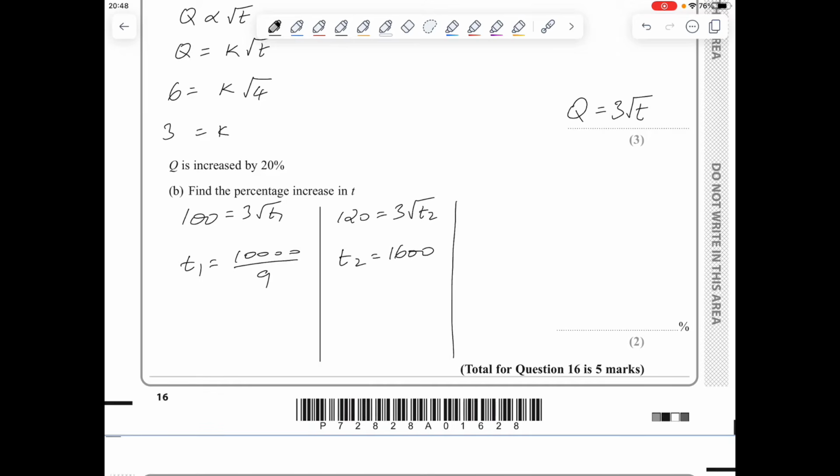So the percentage increase in T is given by 1600 minus the original value, divided by the original value, times 100. Put that on the calculator and it's going to give you 44%.